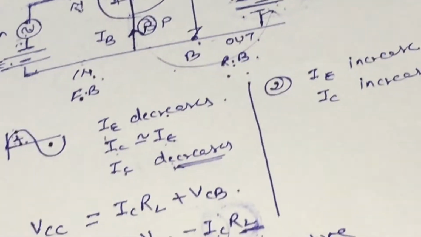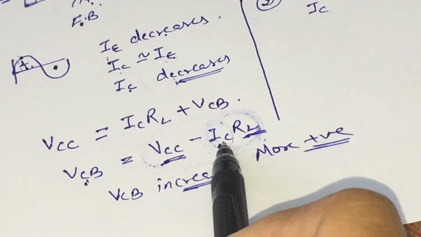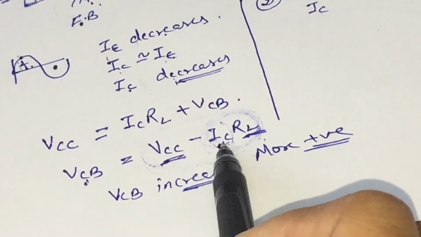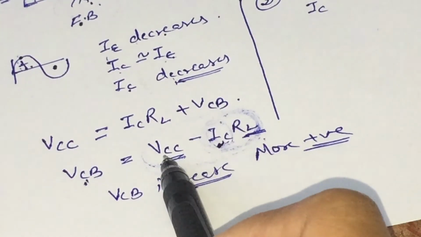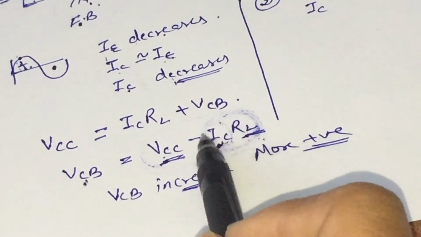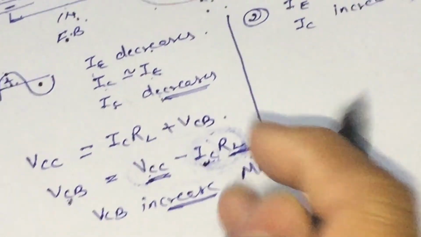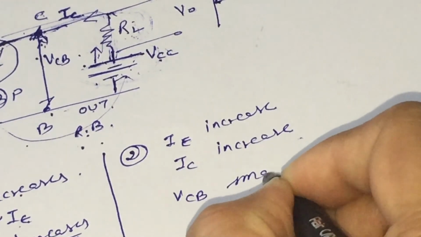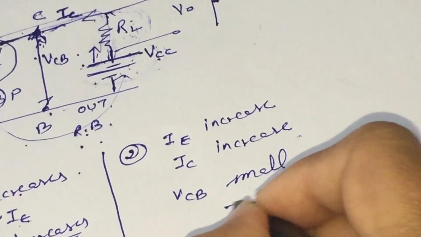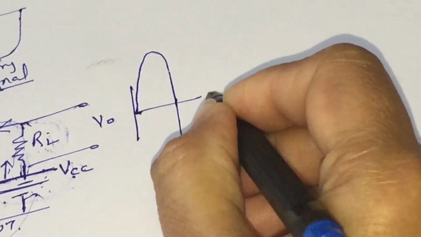If there is an increase in the collector current, then according to our equation, the ICRL quantity will increase, and as VCC is a fixed quantity and this quantity is now very large, the VCB becomes very small. If VCB becomes small, we are taking it as negative. It means we will have a negative signal in the output.